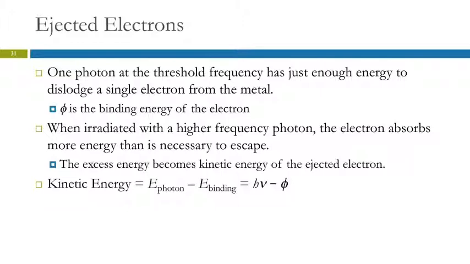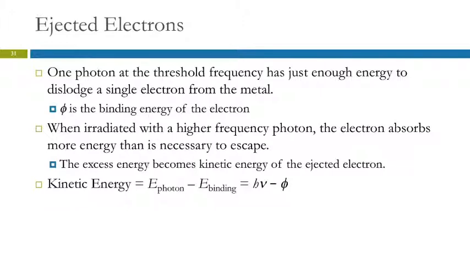So back to the photoelectric effect. We've got those ejected electrons. One photon at the threshold frequency has just enough energy to dislodge one electron. So it does that. Psi is the binding energy of the electron. It looks like a zero or an O with a line through it. That's what we use to represent the binding energy of the electron.